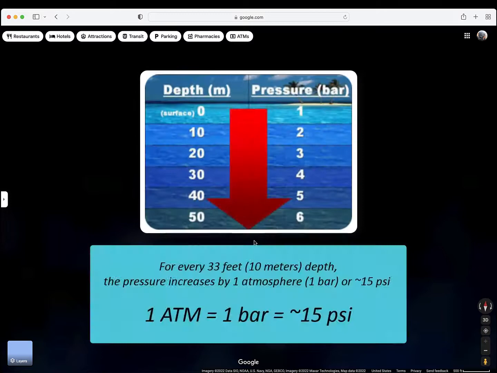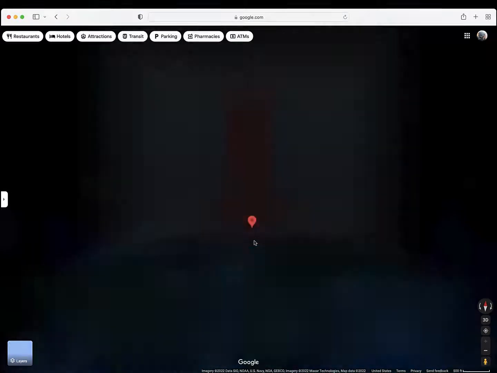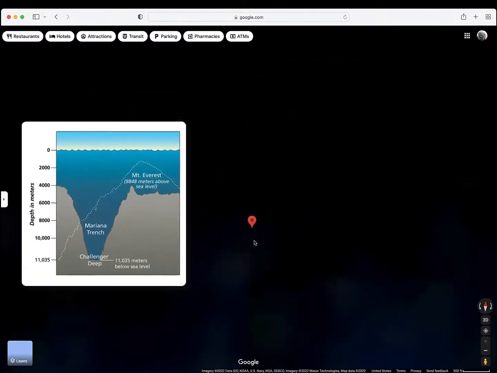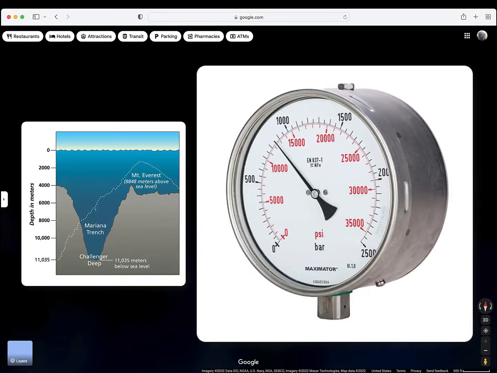For every 33 feet or 10 meters of depth in the ocean, the hydrostatic pressure increases by 1 atmosphere or 1 bar. And all the way at the bottom, pressures exceed 1,000 bars, which is over 1,000 times that of atmospheric pressure at sea level.